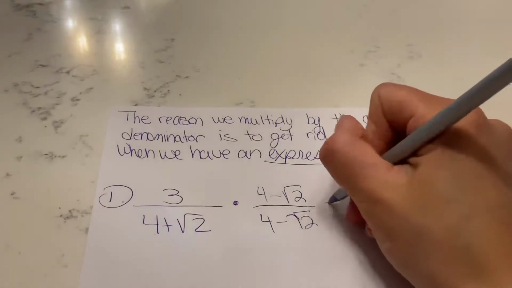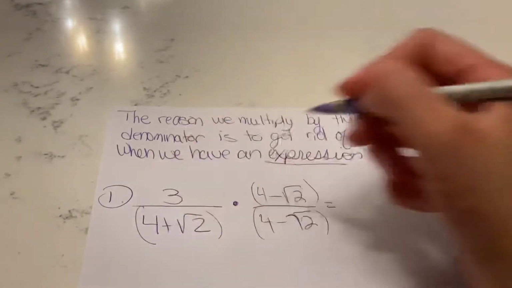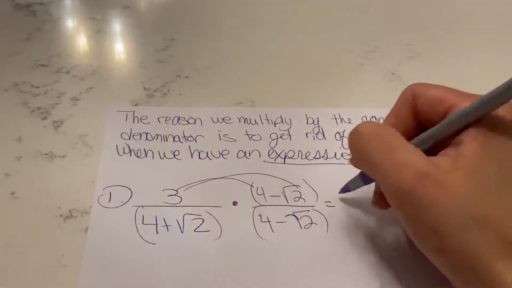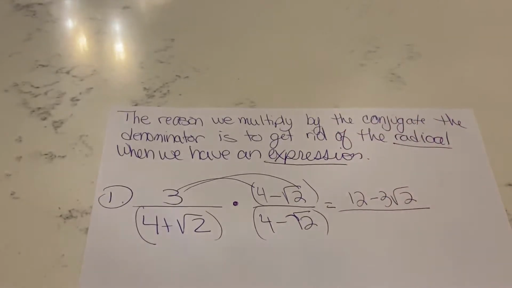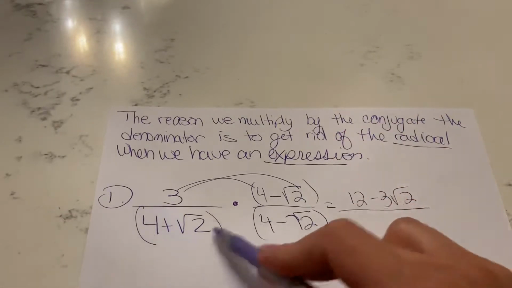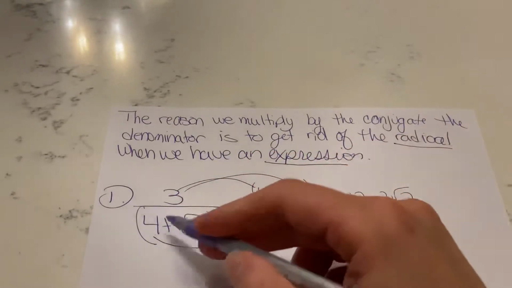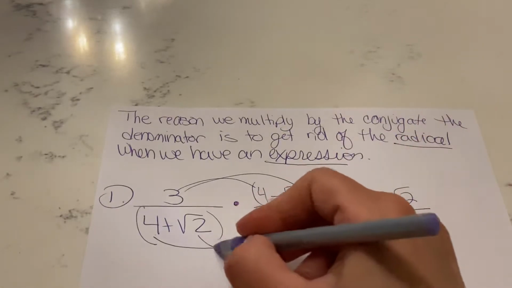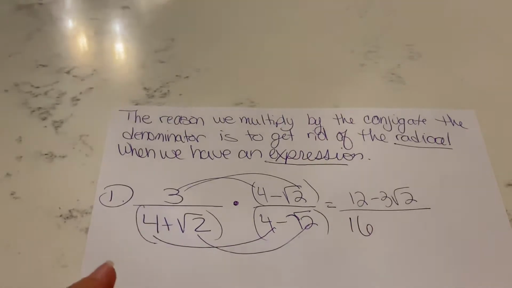So now, if you want, you could put the expression in parentheses. In the numerator, you're distributing. So you get 12 minus 3 radical 2 over, when you are multiplying by the conjugate, all you have to do is multiply the first. So 4 times 4 is 16. And then the last. Remember the FOIL method that we learned in chapter 8, first, outer, inner, last?